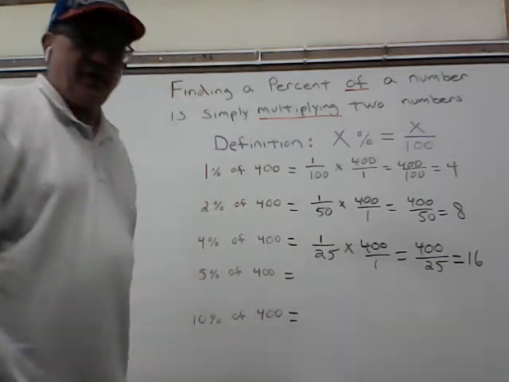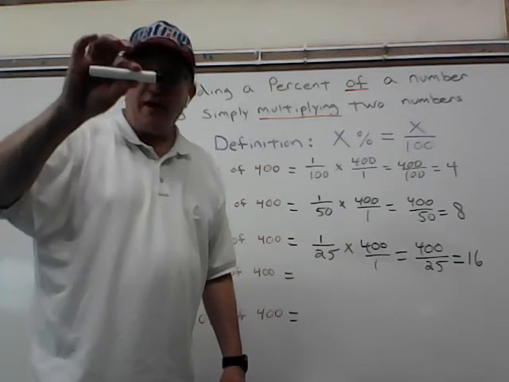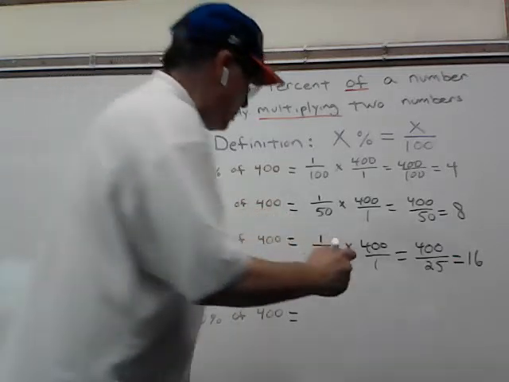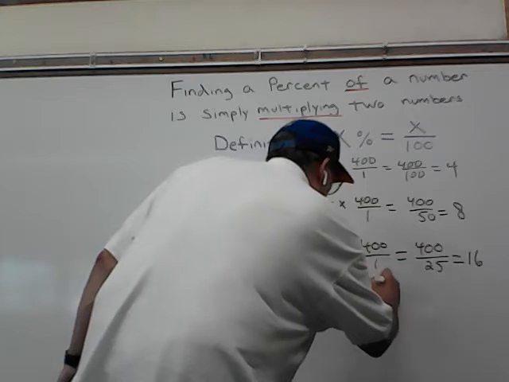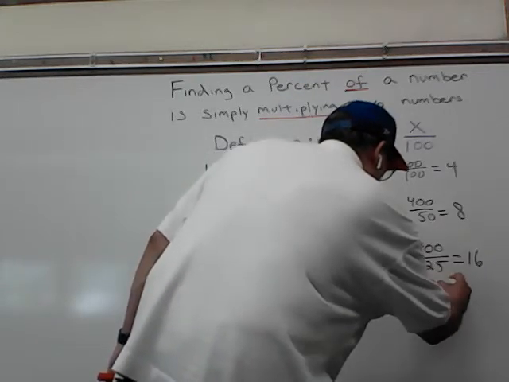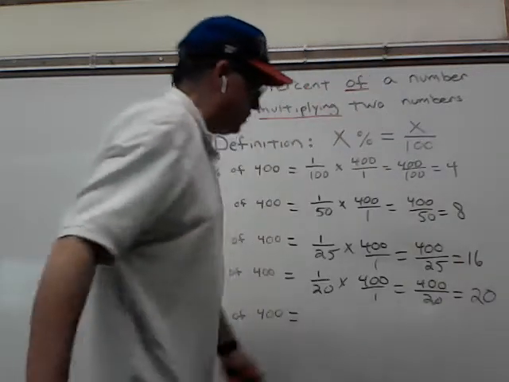Now 5% is 1/20th. 5 over 100 simplifies to 1/20th. So 1/20th times 400 over 1 equals 400 over 20. And 400 divided by 20, this is easier.